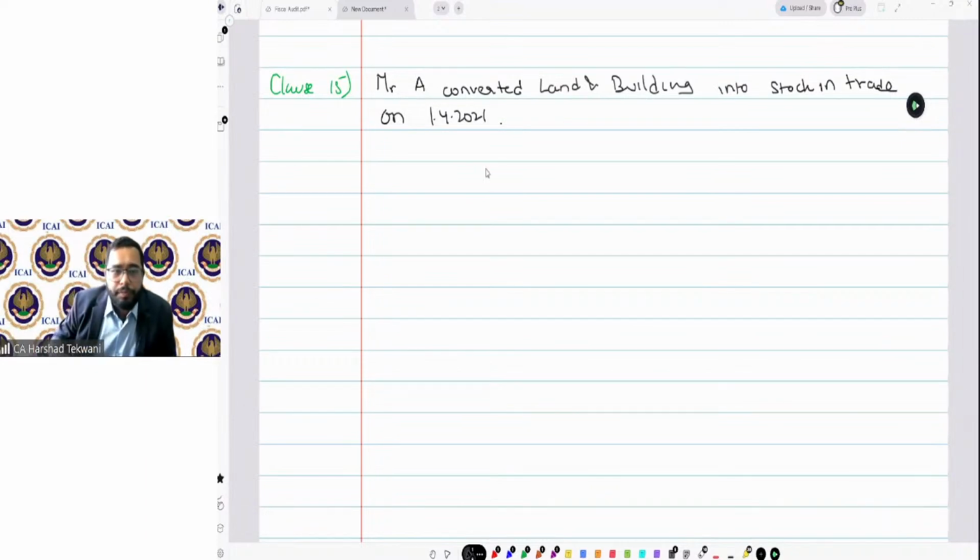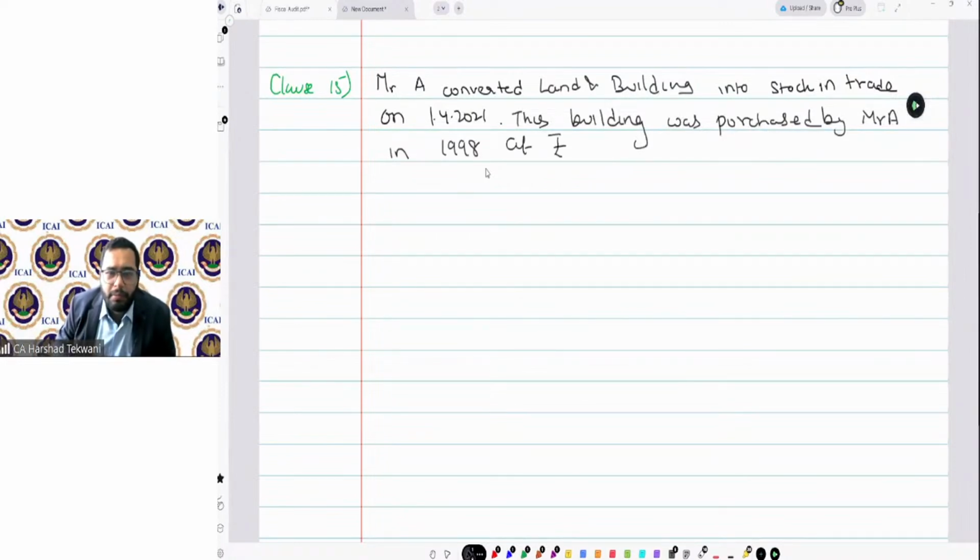Now, this building was purchased by Mr. A in 1998 at rupees 50,000 only. Considering the rate and the area, only 50,000.